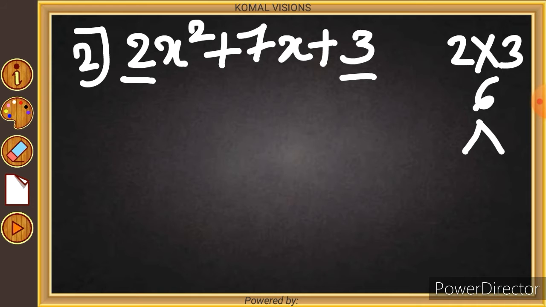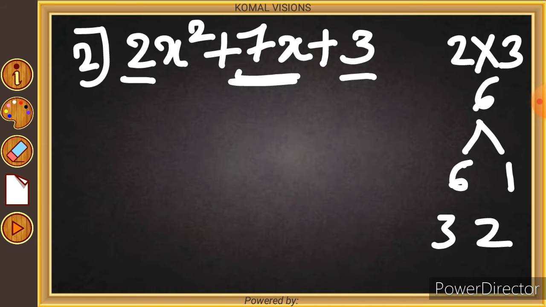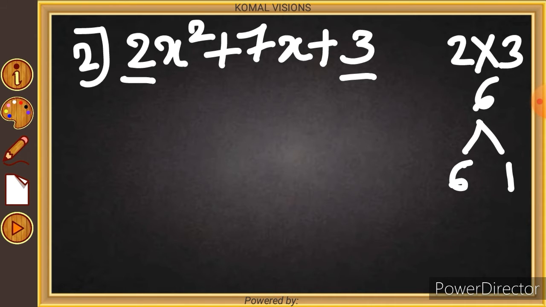So 6 ones are 6. If I go with 2 3s are 6 or 3 2s are 6, if I add 3 and 2, or if I subtract 3 and 2, I won't get plus 7, which is the coefficient of x. So I'll just go for 6 and 1.